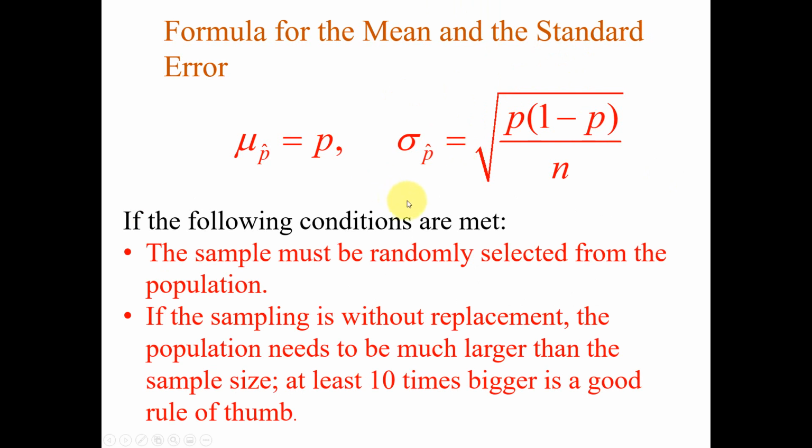If the following conditions are met: the sample is randomly selected, and the sampling is without replacement, which an SRS is. The population needs to be much larger, which means 10 times larger.